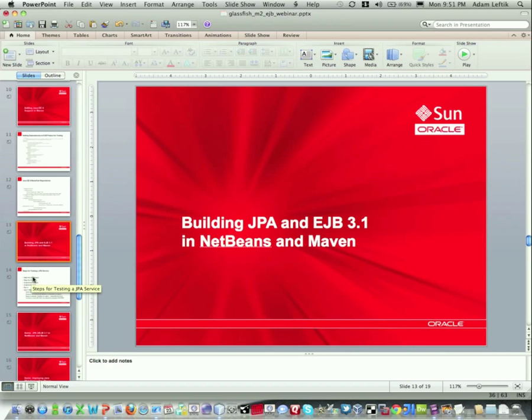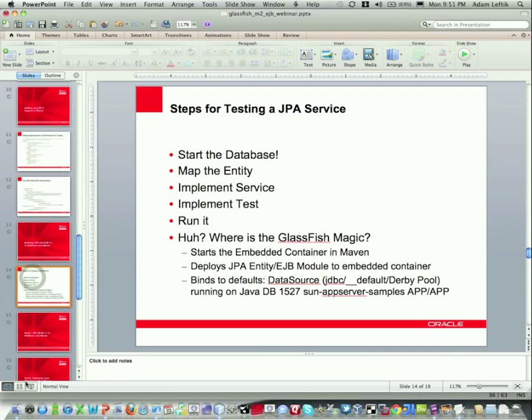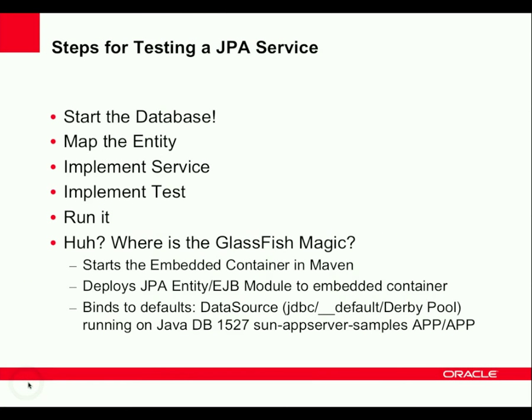A couple of the steps that you want to walk through for testing and building a JPA-based EJB service. The first thing we're going to do, and this is pretty amazing because you'll see how easy it is to get all this up and running really quickly with NetBeans and GlassFish, is start the database, and you have to have a database for JPA.